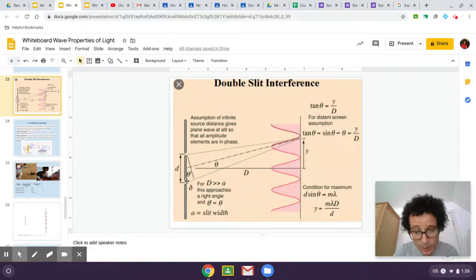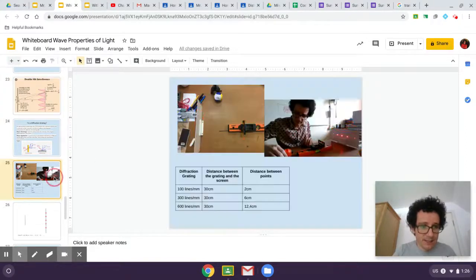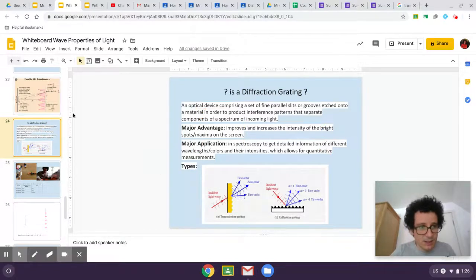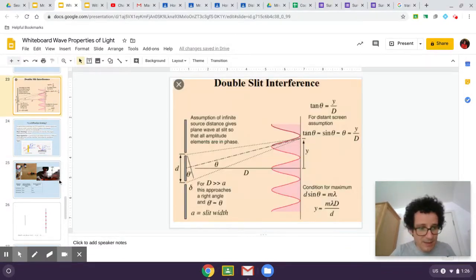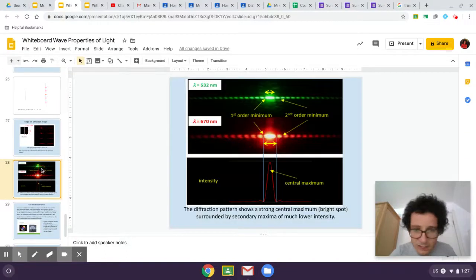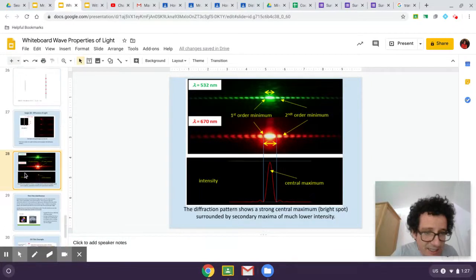When we have more than two slits, a lot of them, then we can see very clear dots. When it's just two, we have the same effect, but actually it's not too clear. There's not a clear distance between dots.